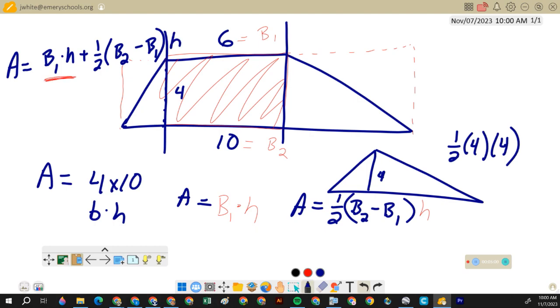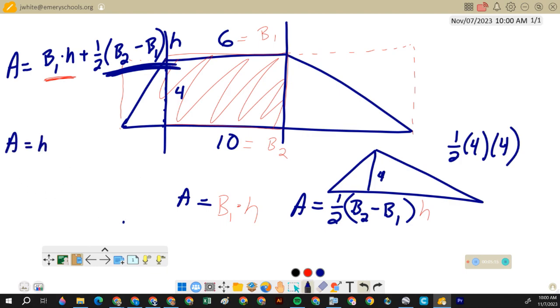Well, what does this have in common with this? They both have an H, right? So area equals, if I wrote it, H times B1 plus 1/2 times B2 minus B1 times H. I'm going to grab those H's and yank them out.